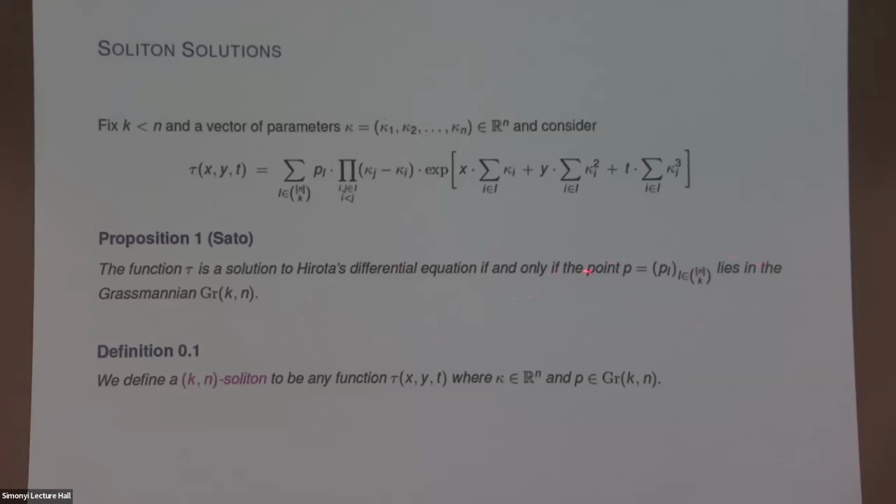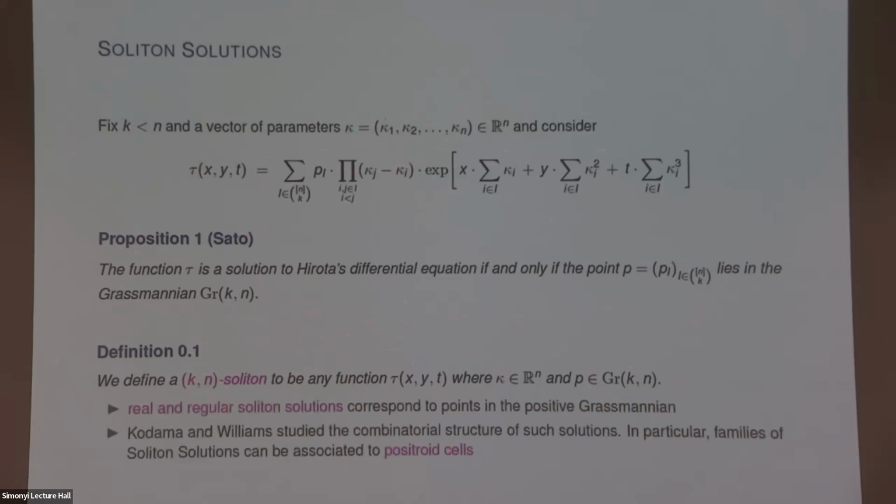So the point P_I, indexed by all these I's, lies in the Grassmannian Gr(k,n). And then we can call a function tau that has these hyperparameters and the fixed k and n a (k,n) soliton.